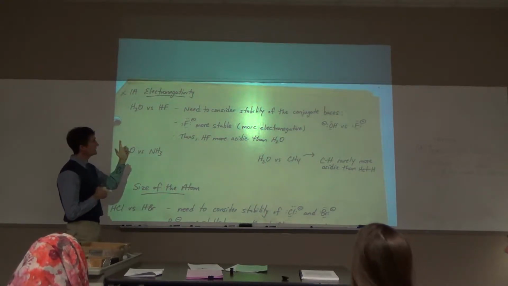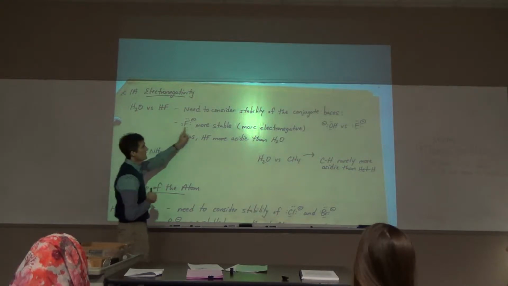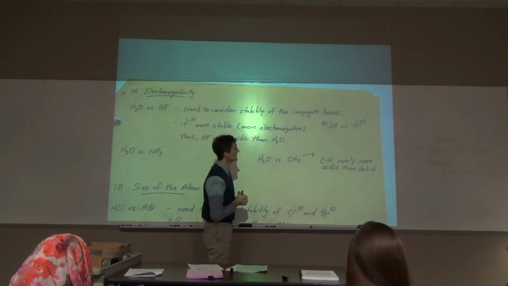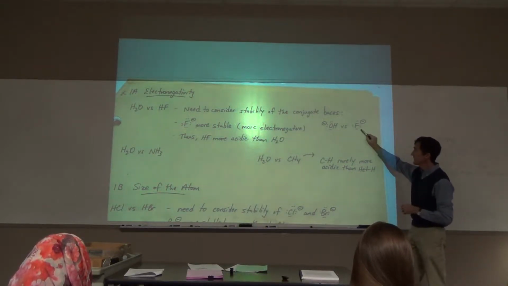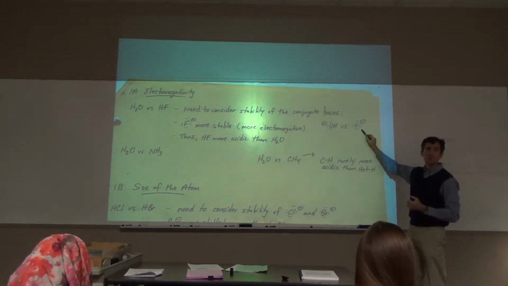Anytime we look at acid strength, we actually need to consider the stability of the conjugate bases. Conjugate base of water is hydroxide. Conjugate base of HF is F minus. You guys need to be able to show conjugate bases of any acid.